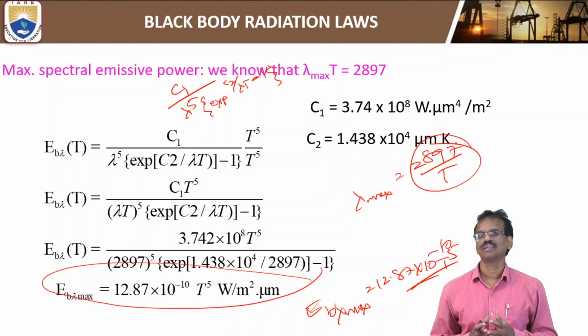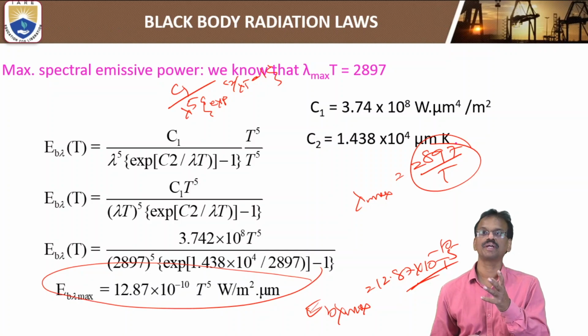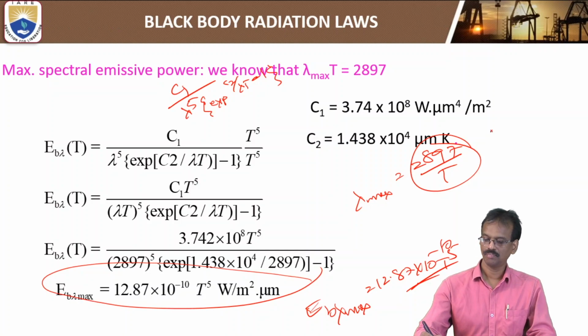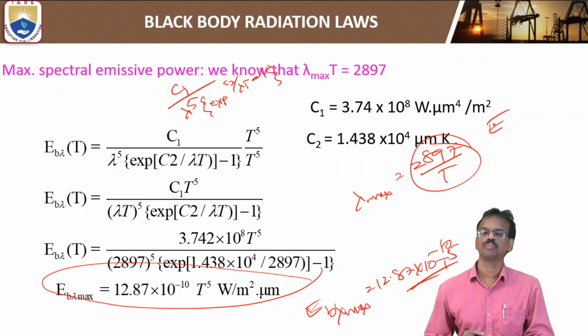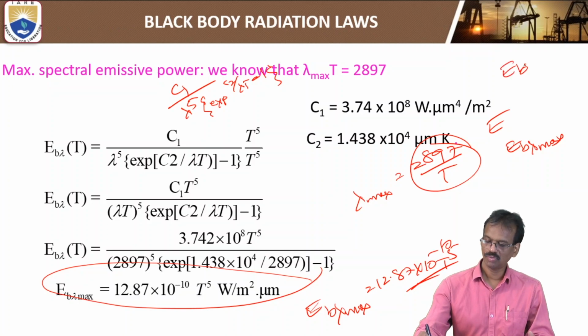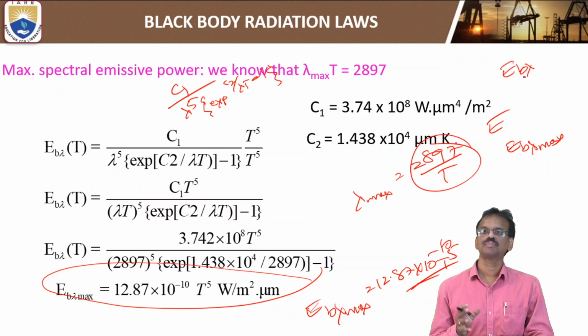So finally, with the help of Wien's law, we can find out the maximum monochromatic emissive power, simply represented by EB lambda max. With the help of Planck's law, we can find out the emissive power or spectral emissive power or monochromatic emissive power, which means emissive power at a particular wavelength.